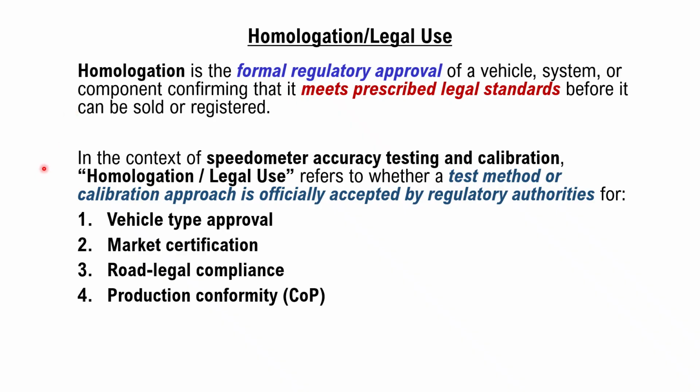In the context of speedometer, scooter, and any vehicle, etc., accuracy testing and calibration, the legal use refers to whether a test method or calibration approach is officially acceptable by regulatory authorities or not, particularly for vehicle type approval, market certification, road legal compliance, and production conformity.